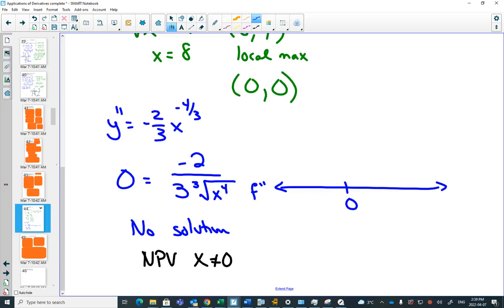Can you see that no matter what you plug in, the bottom's always positive, the top is always negative? So when we plug this in, this is going to be concave down. When we plug this in, this is going to be concave down. And now we have to go about graphing this.